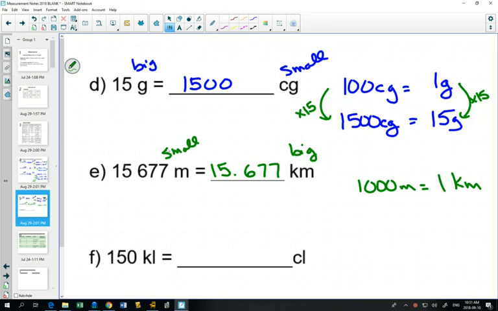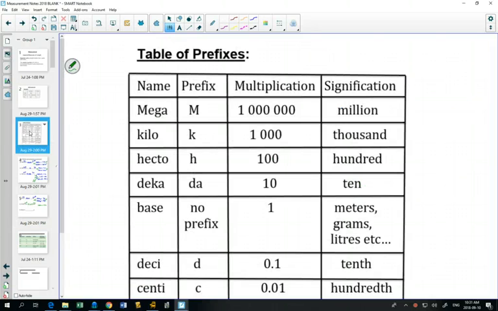Now in the last one, we're going from kiloliters to centiliters. So if we look at our prefix chart, we're going from here to here. Okay? Which is a little bit complicated because almost everything we've used so far has got us to our base unit.